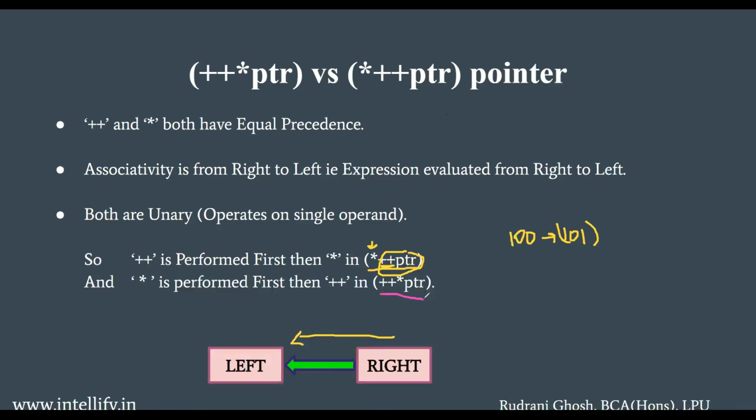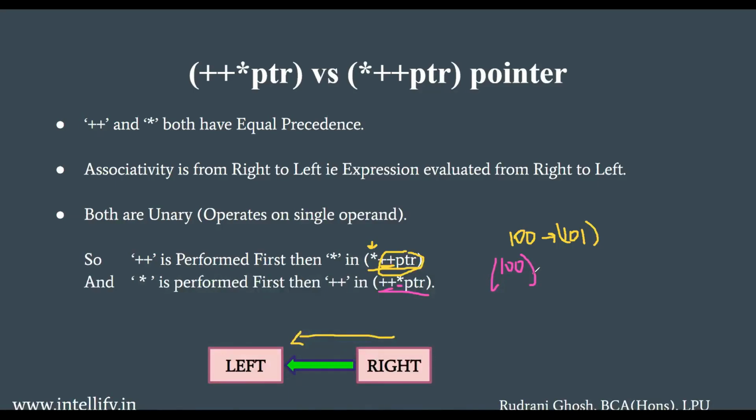Whereas in this case, first the dereferencing operator is to be evaluated. So in the same example, if element is at 100 position, first we make sure we point to the 100 location and then we increment it.